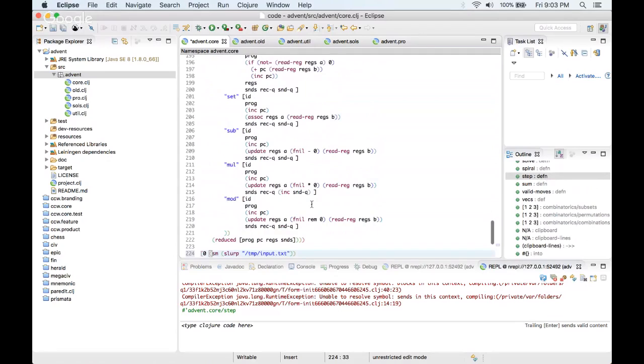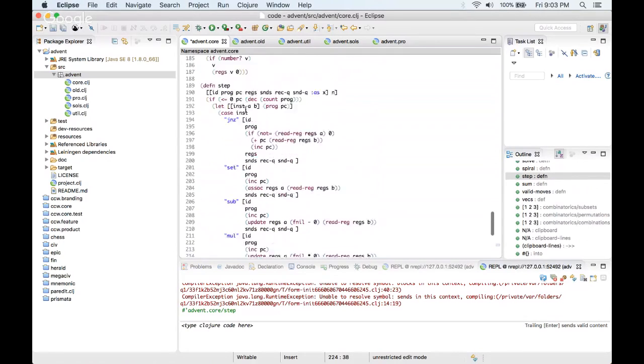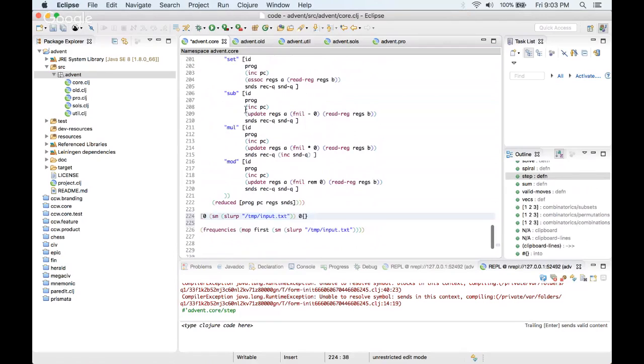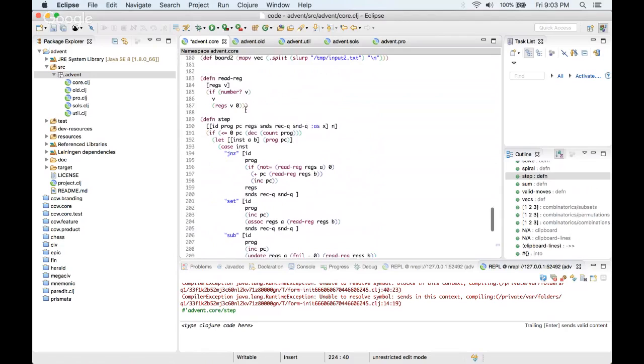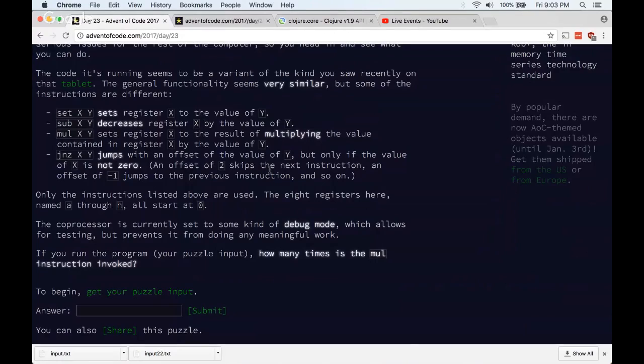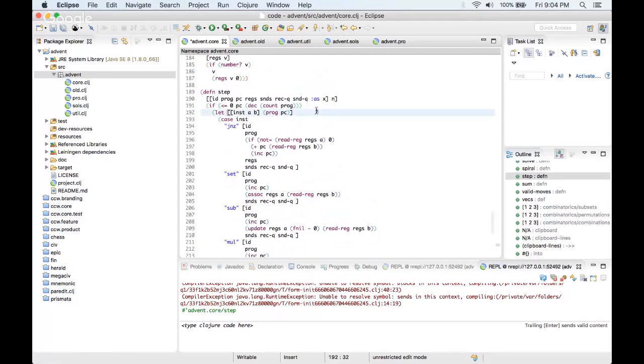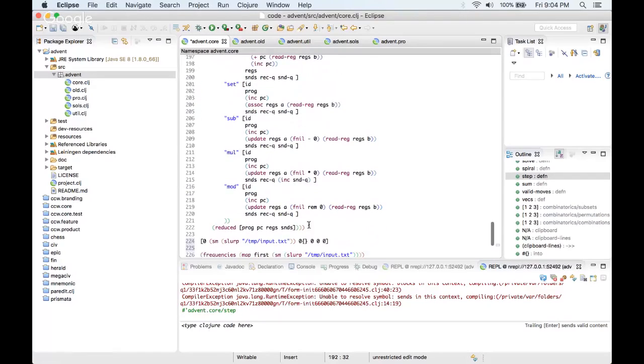Okay, so then an ID that doesn't matter. The program counter starts at 0. Registers are an empty collection. Sends doesn't matter, so I'll just say 0 there. Rescue. Okay, so something like this is the starting state. And I think we already have, do we have reduce in here? Yep.